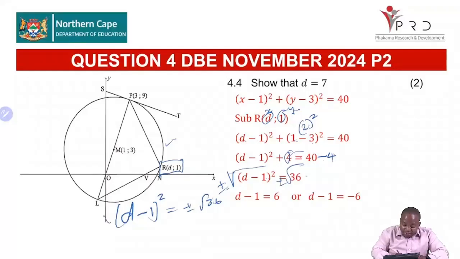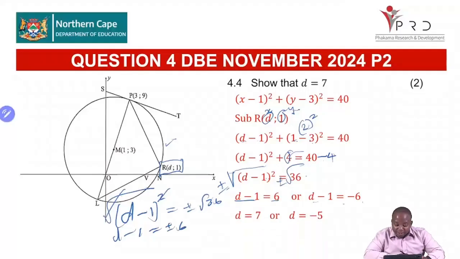We apply the square root both sides so that we can get rid of the square. And we are going to have d minus 1 is equal to plus or minus 6. So d minus 1 equals 6, or d minus 1 equals negative 6. Then d equals 7, or d equals negative 5. Now we can say that d is in the first quadrant, and this is x, so this value must be positive. So d must be 7 in this case. Therefore d is 7 because it is on the positive side.